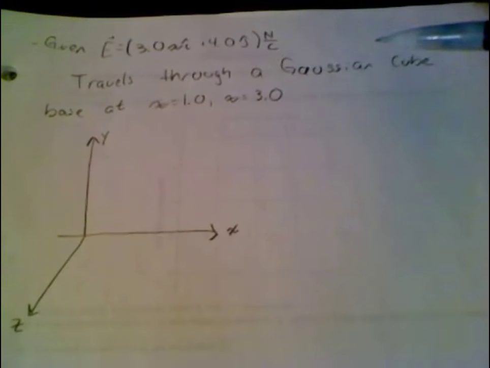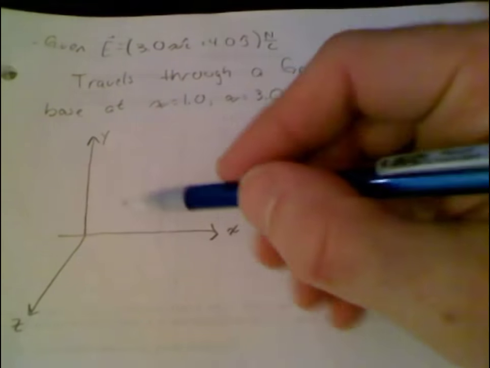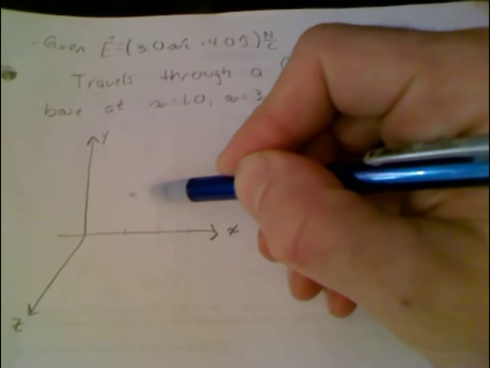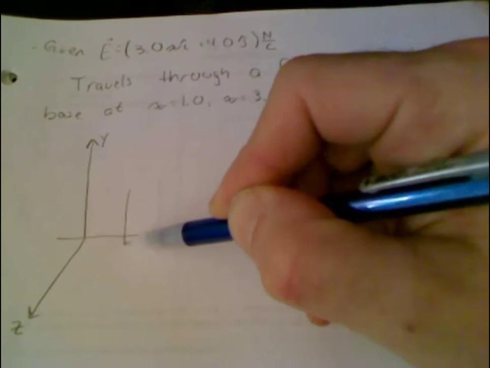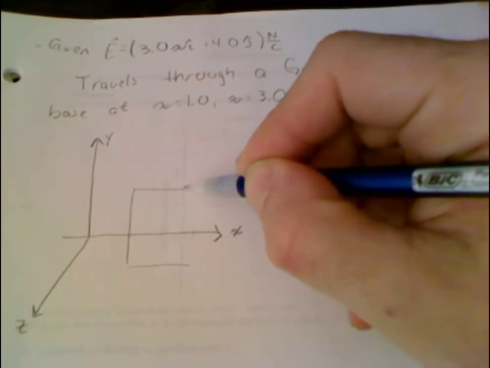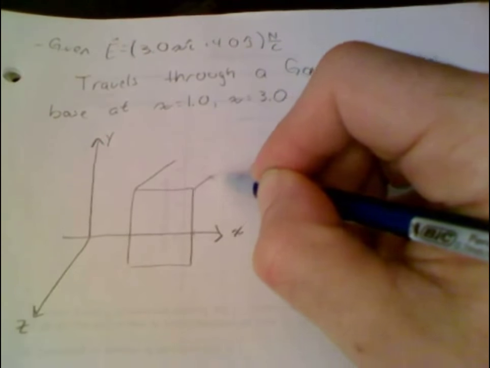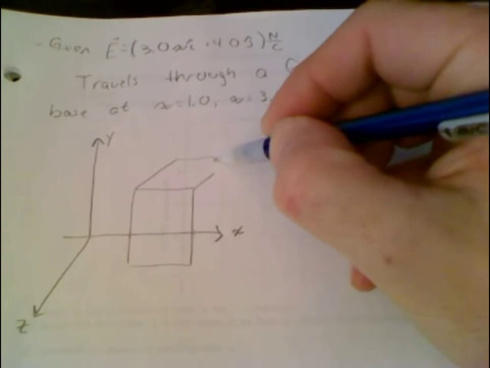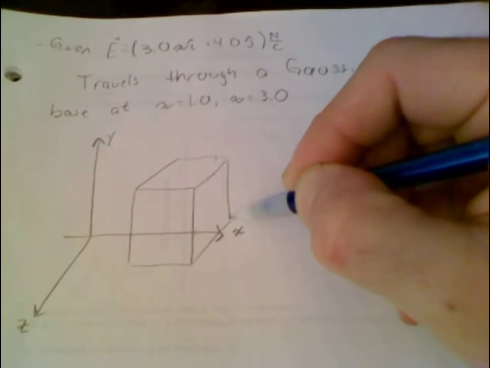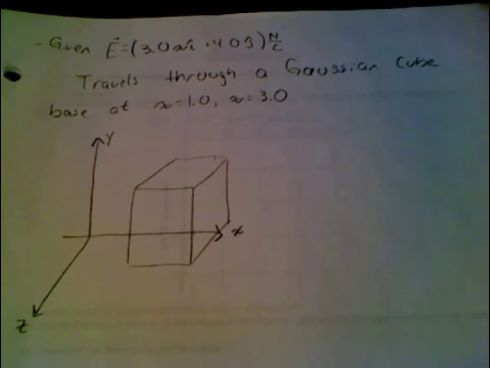I've already drawn out our coordinate system, and now I'm going to quickly sketch our cube, which will serve as my Gaussian cube.